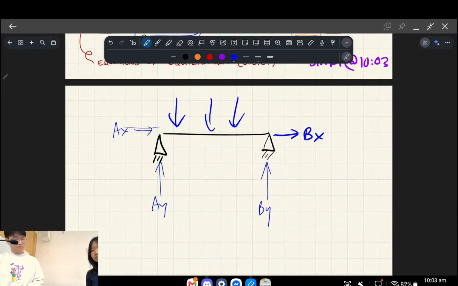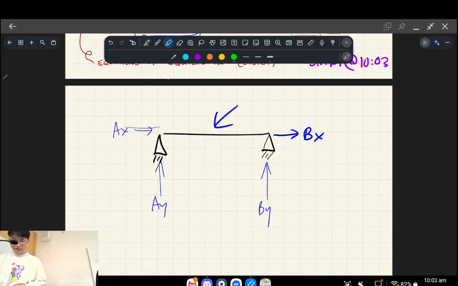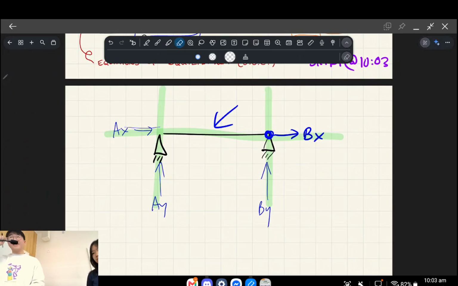But as soon as we have a horizontal or diagonal force, we've got line of action, boom, boom, boom. Let's say we choose to take that. What you'll find is you'll be able to solve AY and BY.